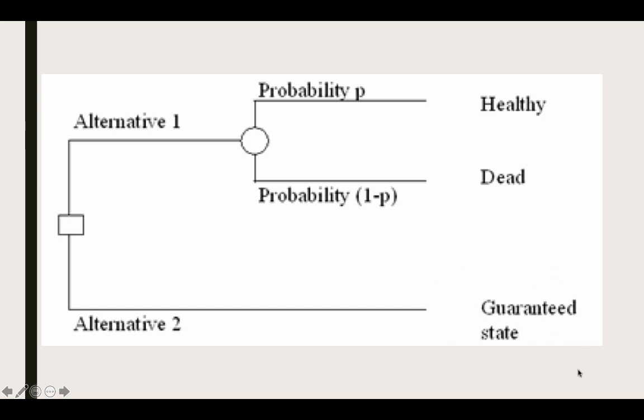I can stay in this guaranteed state, and I'm fine, I'm okay. But if I choose alternative 1 and I win, then I am super awesome, super healthy, just perfect. So this guaranteed state isn't necessarily a perfect win. This healthy state with the alternative is usually greater than this guaranteed state.